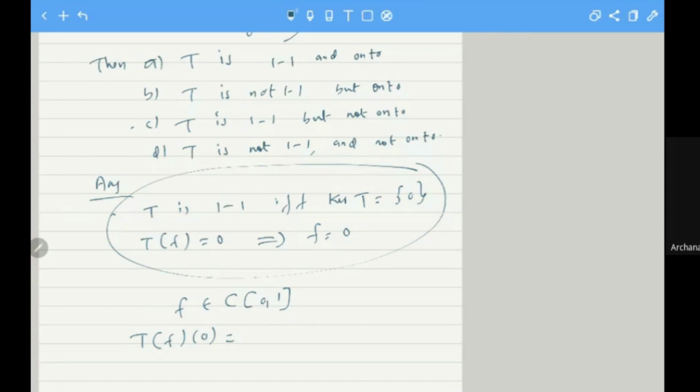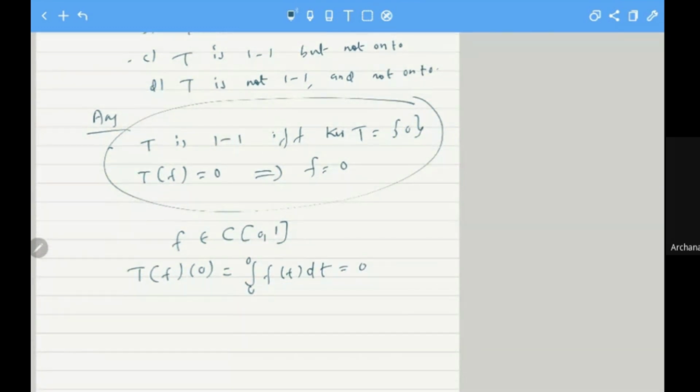It will be the integral 0 to 0 f(t) dt, right? This is nothing but 0. So if you take any continuous function and consider the value of its image at the point 0, it will be 0.